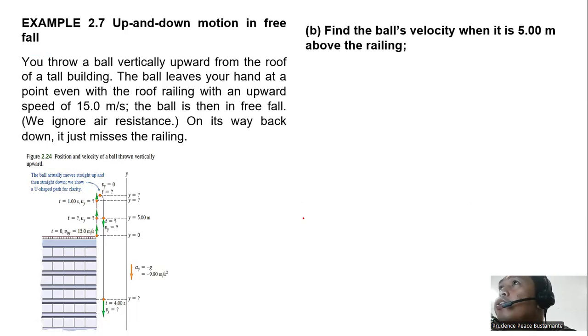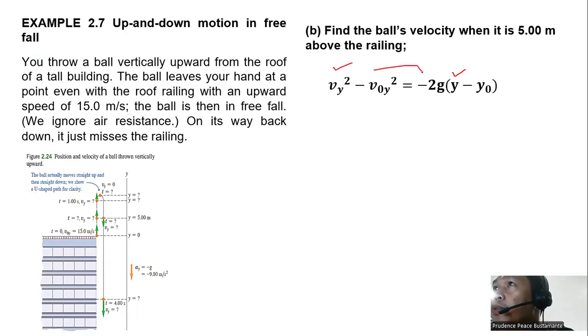Next, find the ball's velocity when it is 5.0 meters above the railing. The given here is the position y. You are asked to find the final velocity. This one is your target variable. So you can transpose this, and then you take the plus and minus square root of this term.